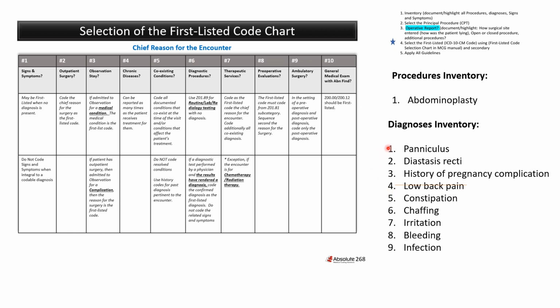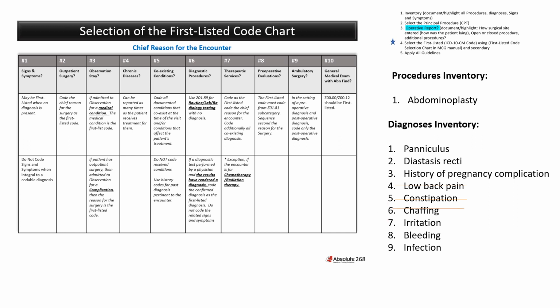Panniculus, remember, is fat, excessive fat. So if a person has excessive fat, low back pain is likely. Oh, I wouldn't say it's likely, but it's not unlikely. All right, constipation. If you have excessive fat in the abdominal area, that could be the cause of constipation.